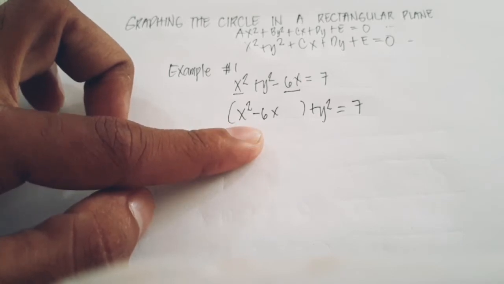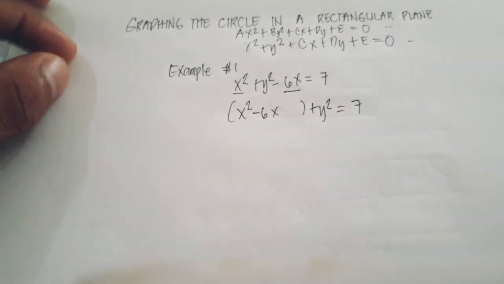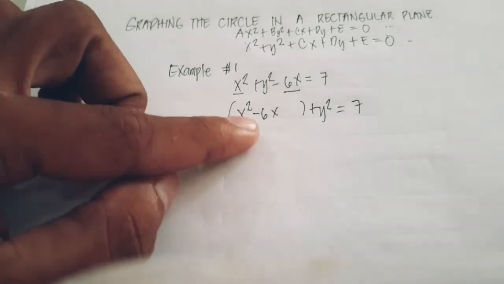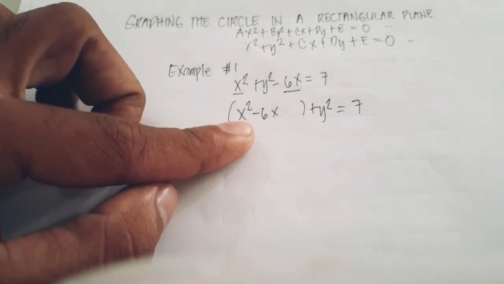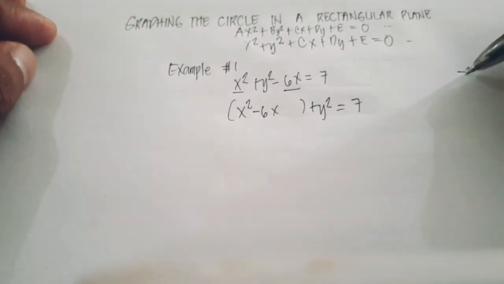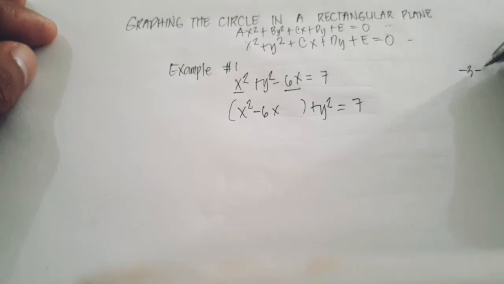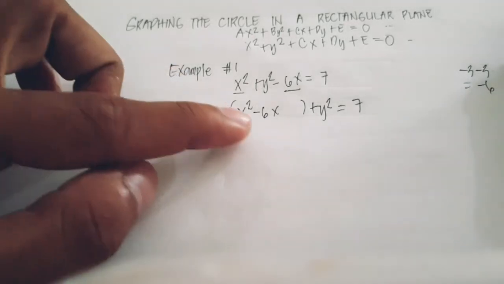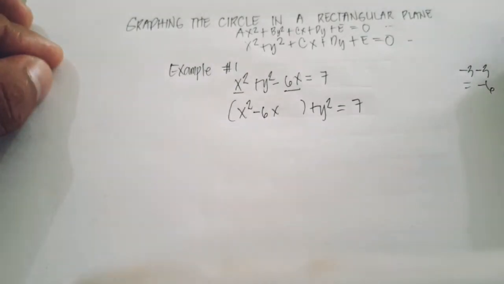So what is the number which will give you a sum of negative 6 if you add it to the same number? We have negative 3, because if you add negative 3 to itself, we will have an answer of negative 6. So therefore our number here is negative 3.